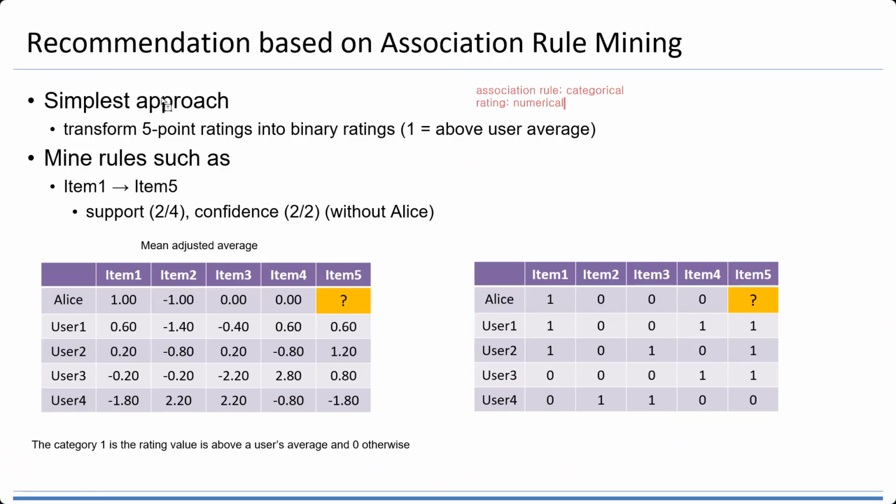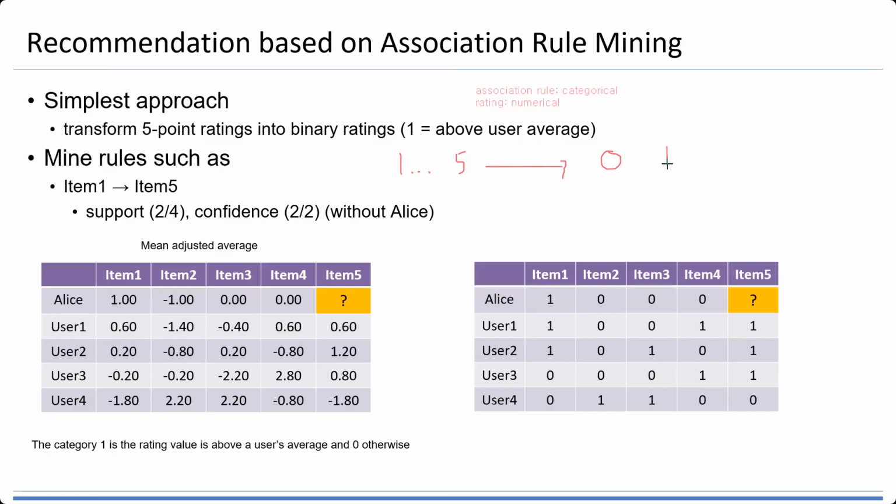So the simple approach is we can transform the 5-point ratings into binary ratings. If we have the rating 1 until 5, of course it is numeric. So how can we transform this into 0 and 1?